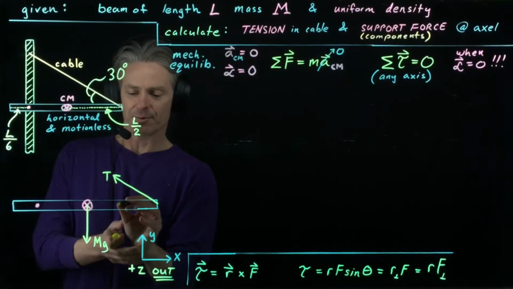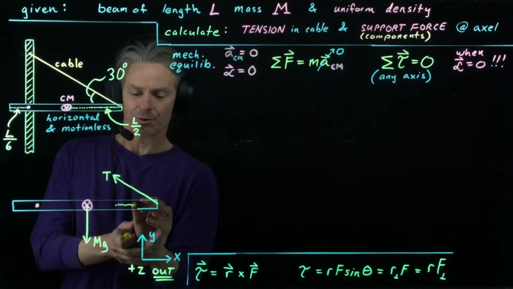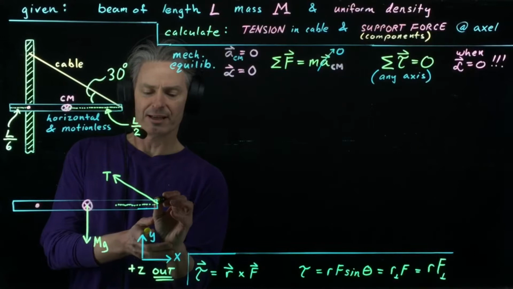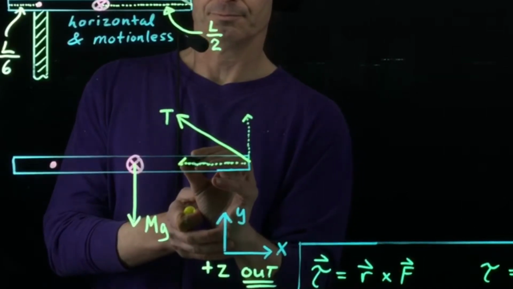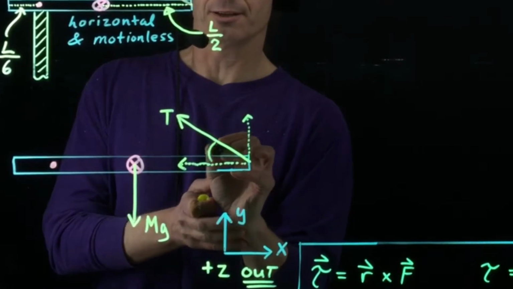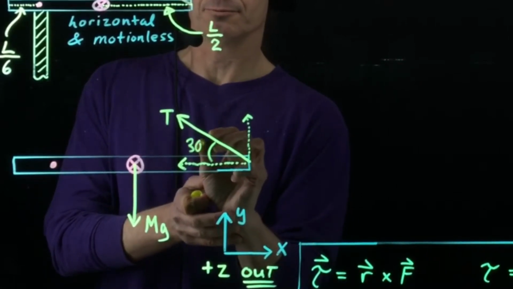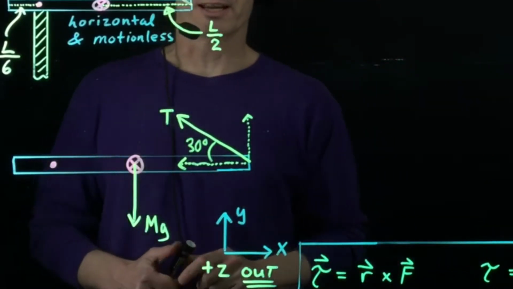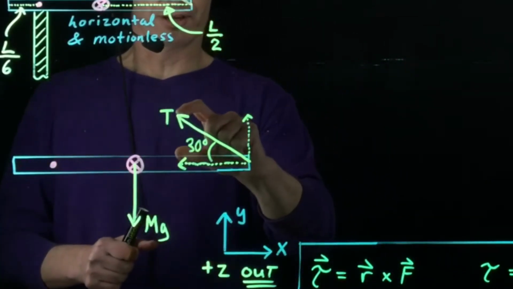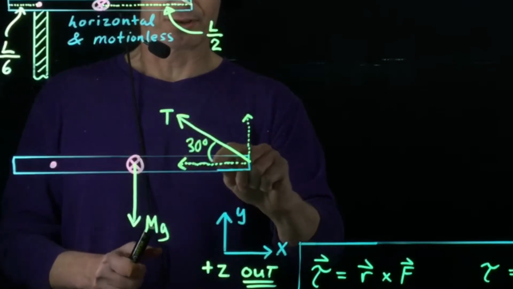While I'm at it, I'll put in the horizontal and vertical components of that. Here's a 30-degree angle right here. All right, looking at that 30-degree angle, we can put this over here and imagine this as being a right triangle.